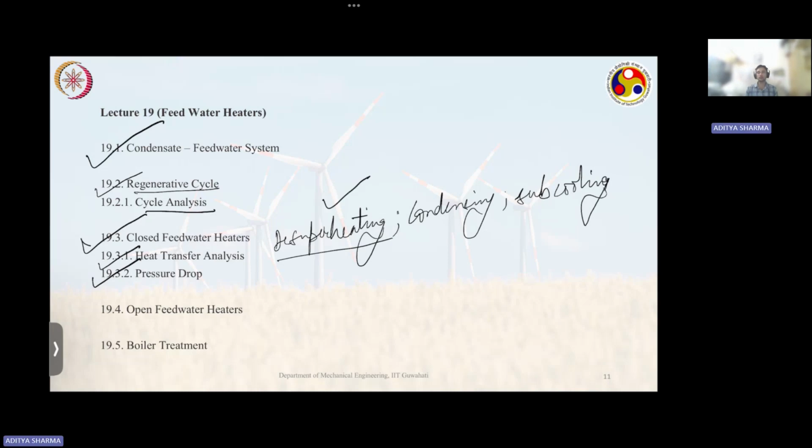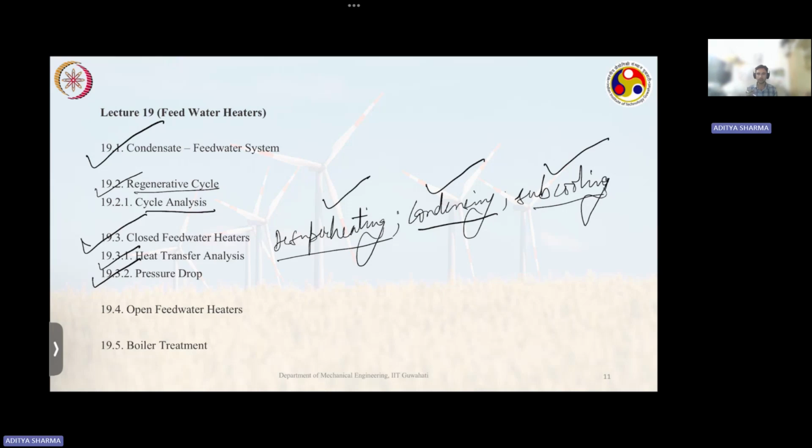So from the superheated state, when we want to move our working fluid from superheated state to saturated state, we use desuperheating. Then condensing is from your gaseous state to your liquid state. Subcooling is again reducing its enthalpy, right?